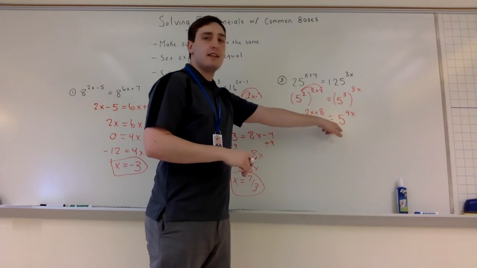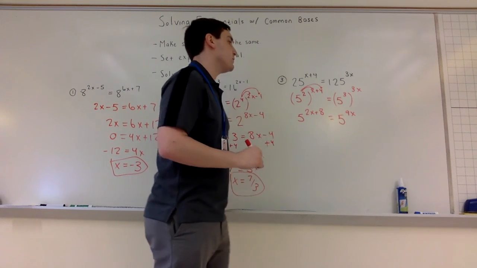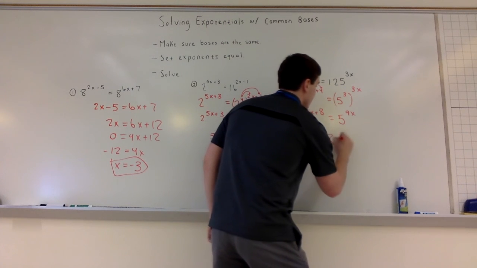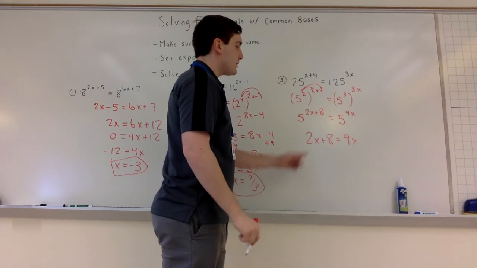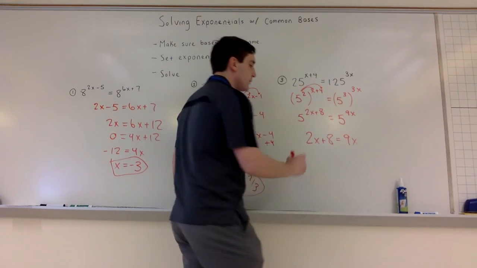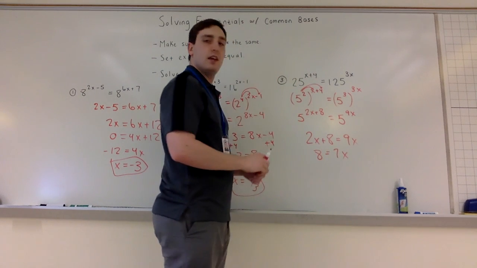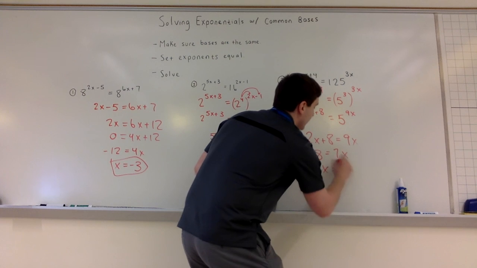Lastly, our bases are the same again, so we have 5 and 5. So I'm just going to set the exponents equal to each other. So we're going to have 2x plus 8 equals 9x. Subtract 2x from each side, we get 8 is equal to 7x. And last, we're just going to get x is equal to 8 over 7.